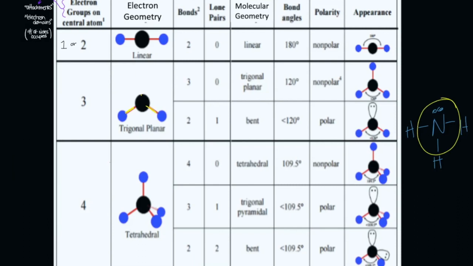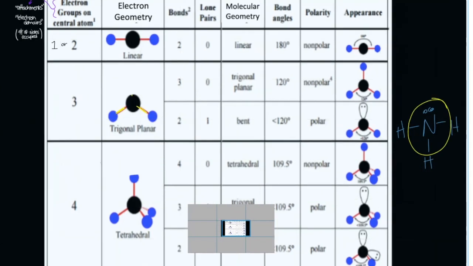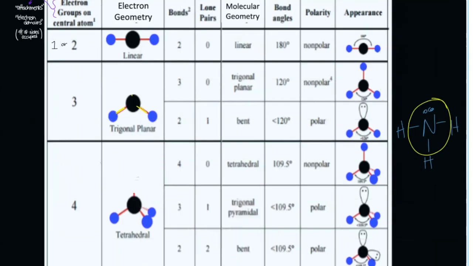The electron geometry is that tetrahedral, but can I see all of them? No. I can't see what? I can't see that lone pair. And imagine they're invisible. Y'all said they look like little ghosts. Good, because they're invisible. And so all you see is that pyramid.